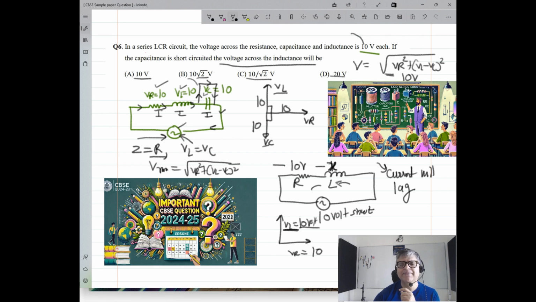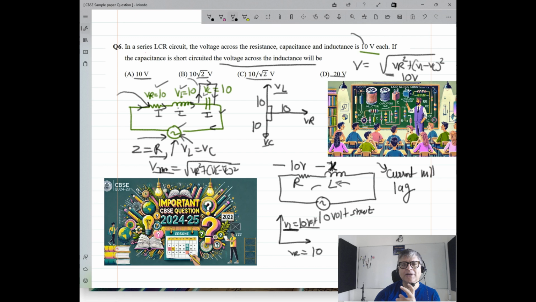You can write VC minus VL square also, but here since they were equal, the overall voltage available was 10 volts RMS, appearing only as a dissipative component, which means the power is dissipated in the resistance.